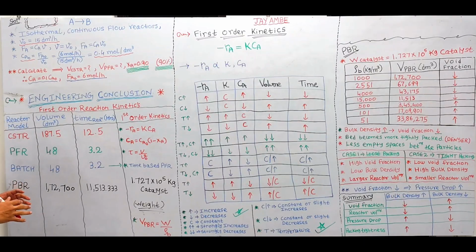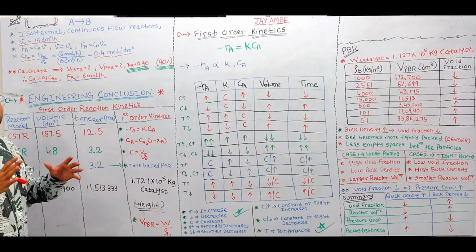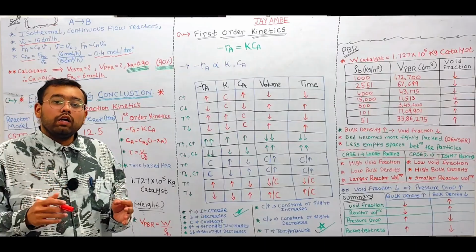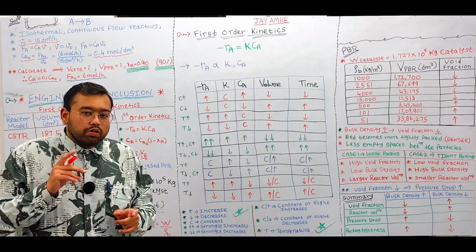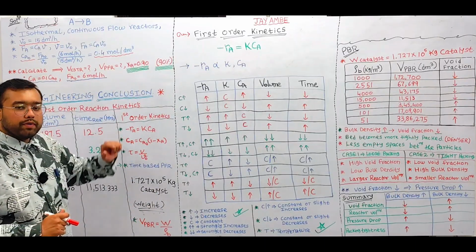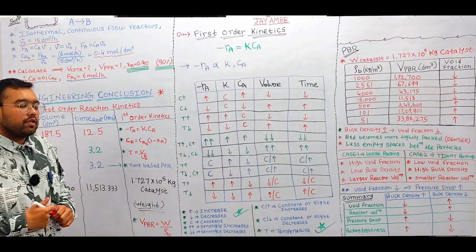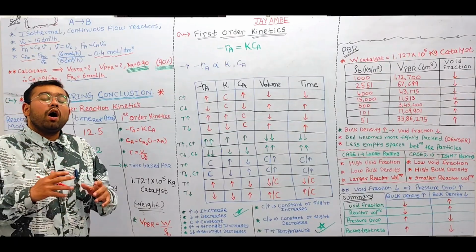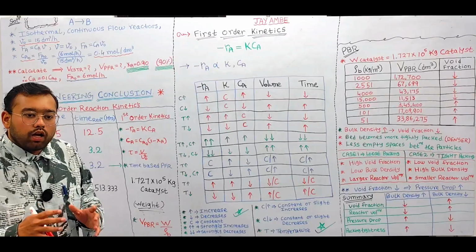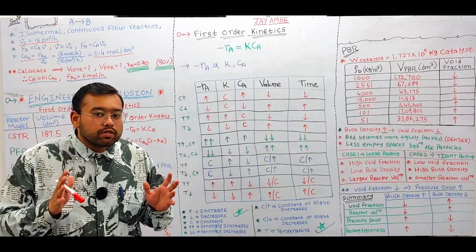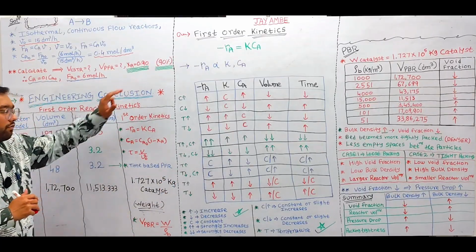Now, the question was, how large a volume of packed bed reactor do we require in order to achieve the desired conversion of 90% for the first order reaction kinetics? And the second question was, what will be my reaction time in order to achieve the desired conversion of 90%?